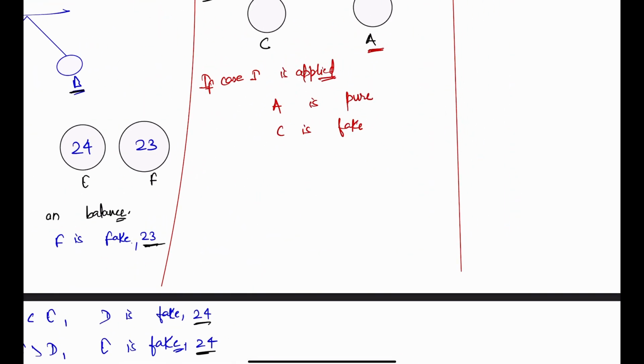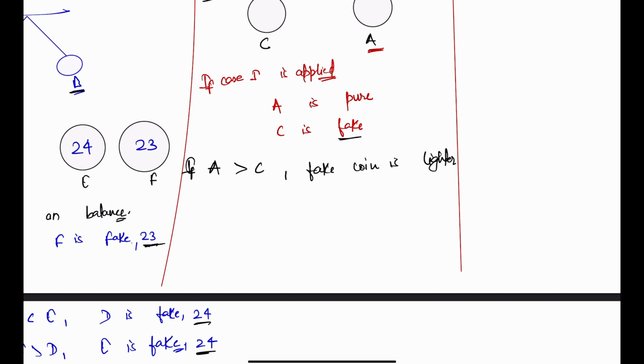Now when we measure, there could be two possibilities. First possibility could be A is heavier than C. If A is heavier than C, we can say that the fake is C, and if C is less, it means the fake coin is lighter.